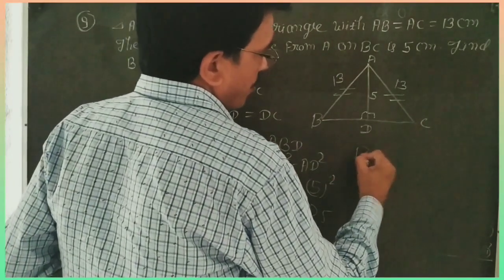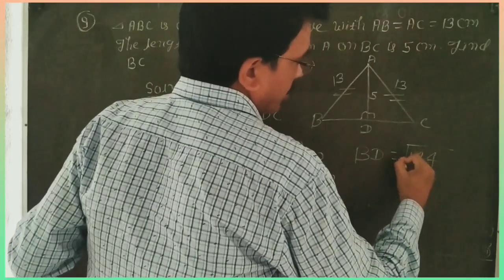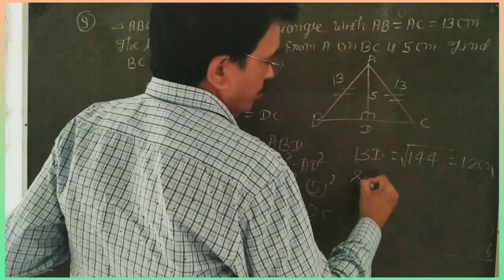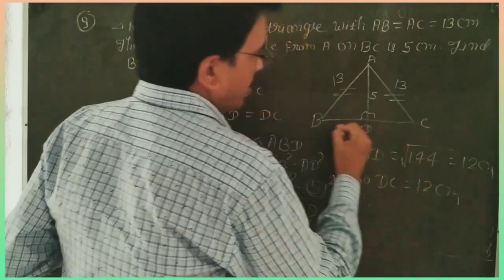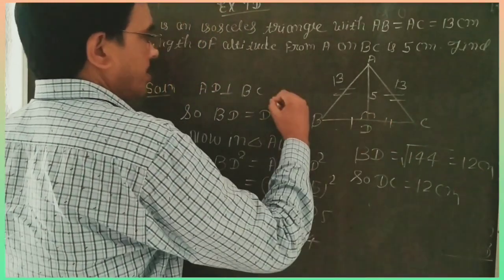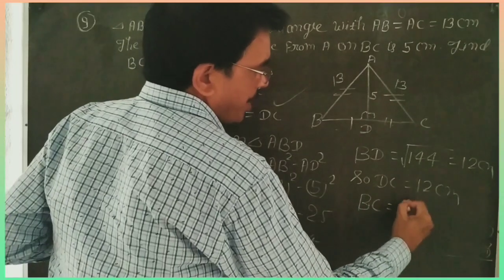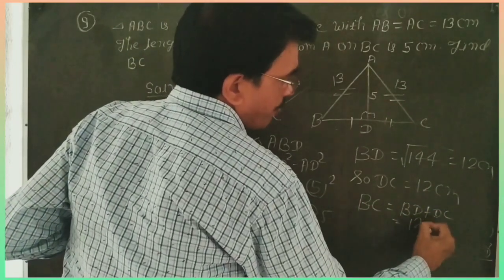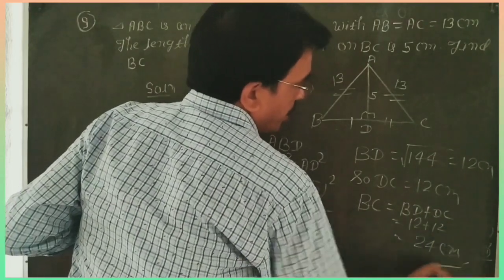Hence BD is equal to root 144, therefore 12 cm. So DC is also 12 cm because both are equal. Now what is BC? BC is equal to BD plus DC. So 12 plus 12 is equal to 24 cm. This is your solution.